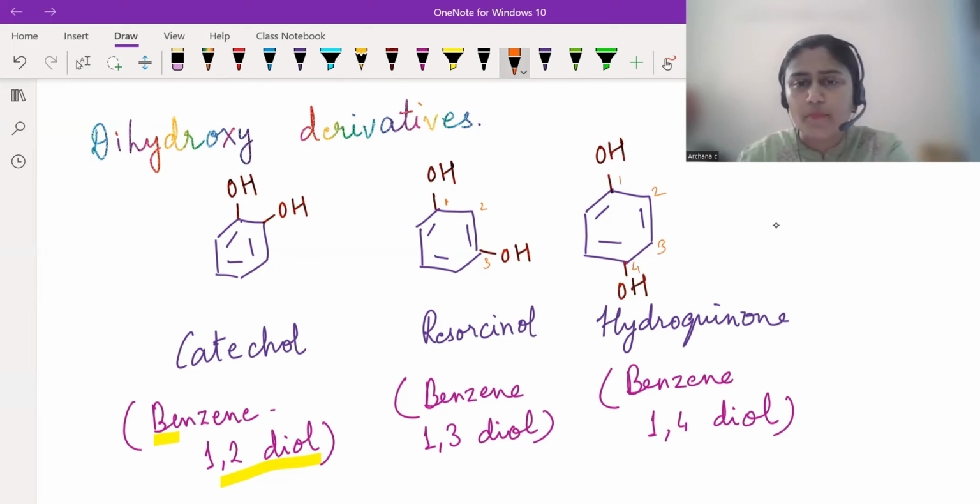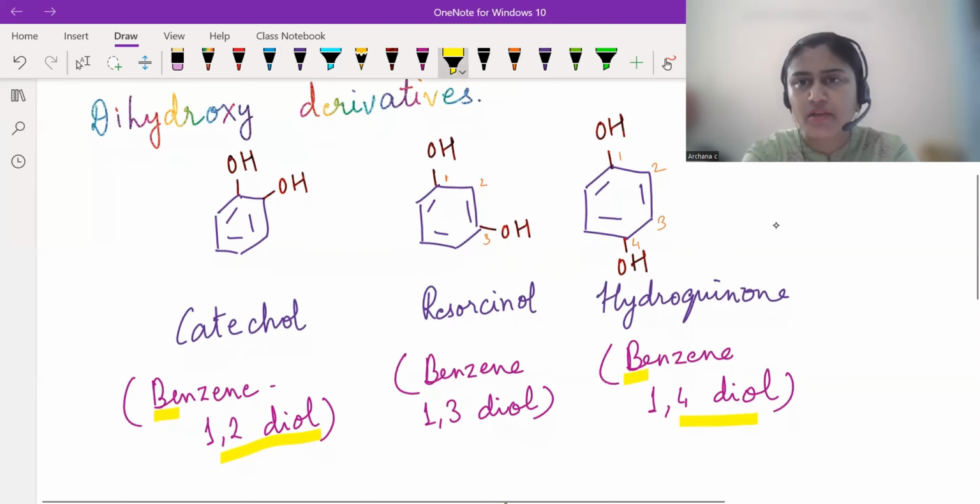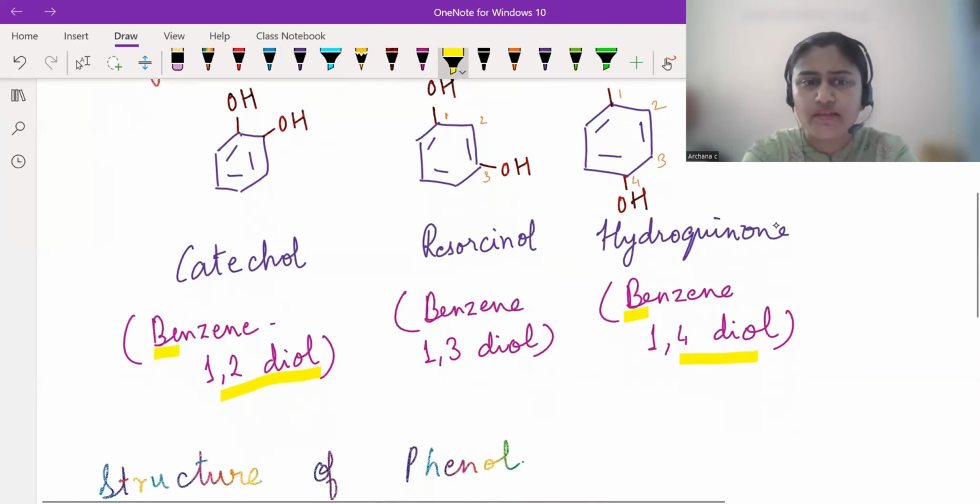That is, para dihydroxyphenol is nothing but your hydroquinone or benzene 1,4-diol. So this was the general nomenclature about the various derivatives of benzene.